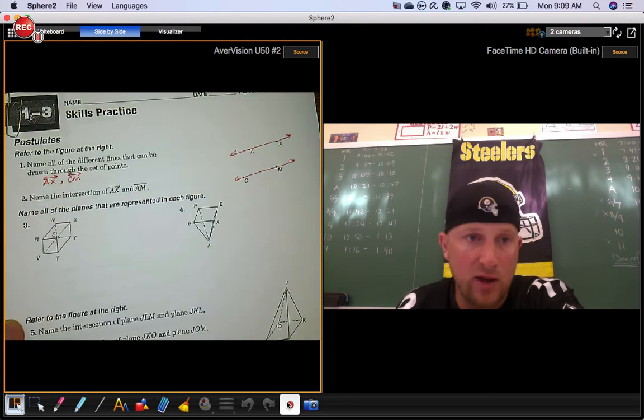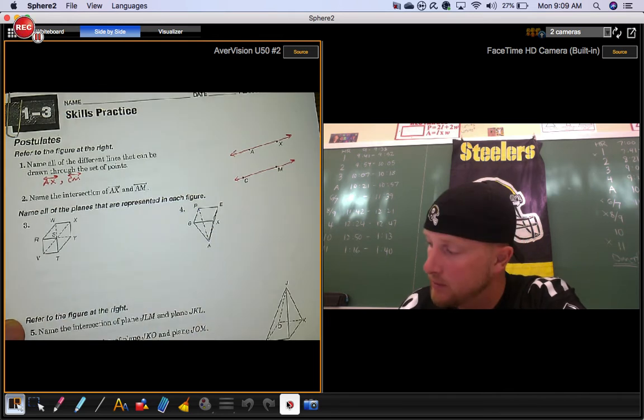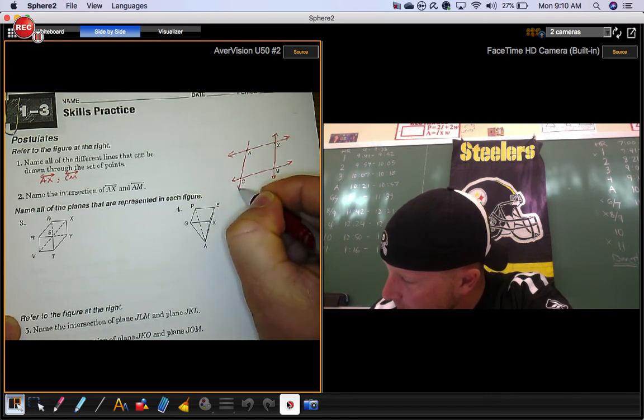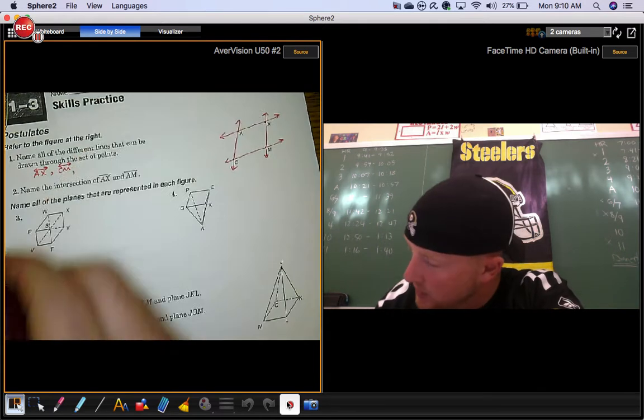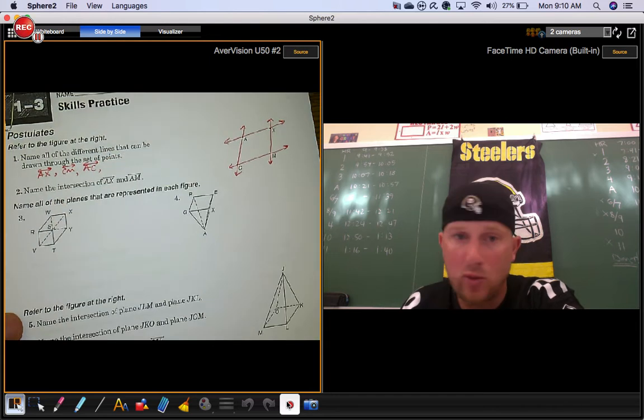Again, make sure you use the arrowheads. If you want to switch the letters, you can. There's 2 other lines. Again, up to you how you name them. You're picking those 2 points in any order.